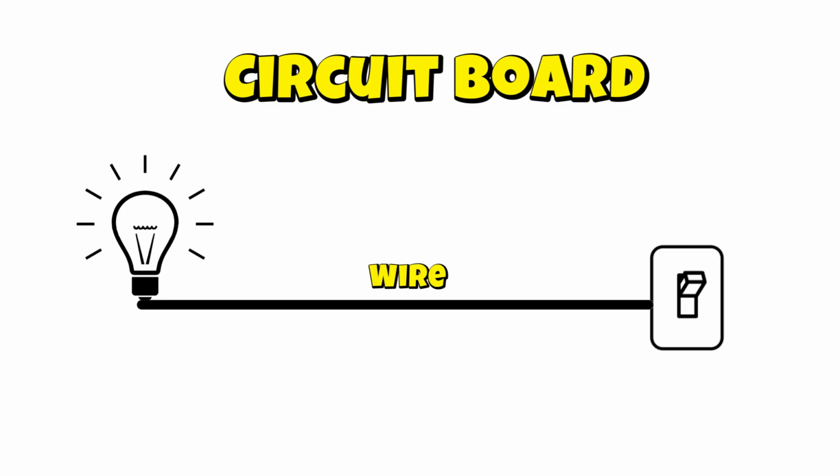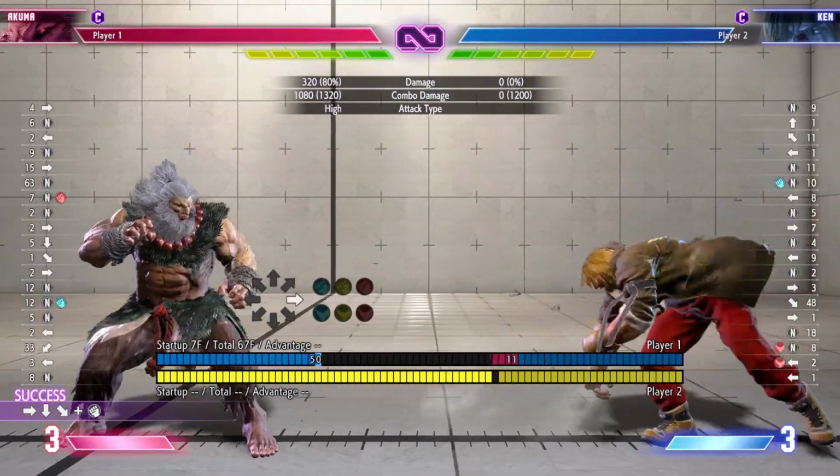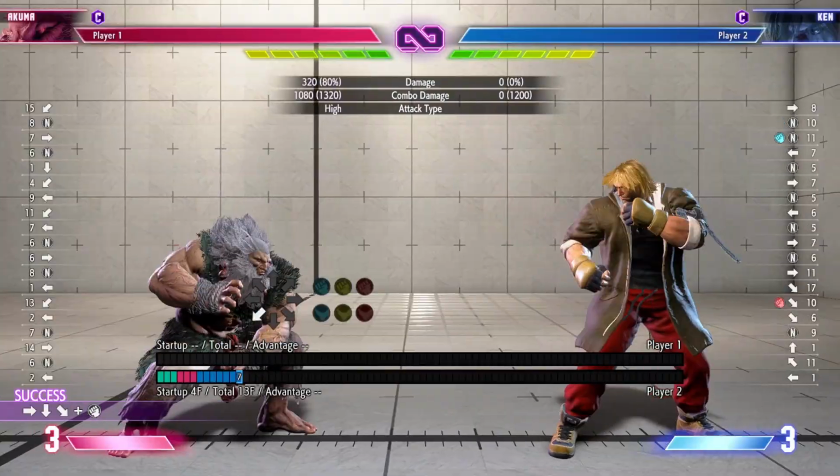Think of it, a circuit board consists of a light bulb, a switch, and a wire between both. Closed loop motor control is like the work involved in building and attaching the wire between the light bulb and the switch, and open loop motor control is basically the flipping of the switch.